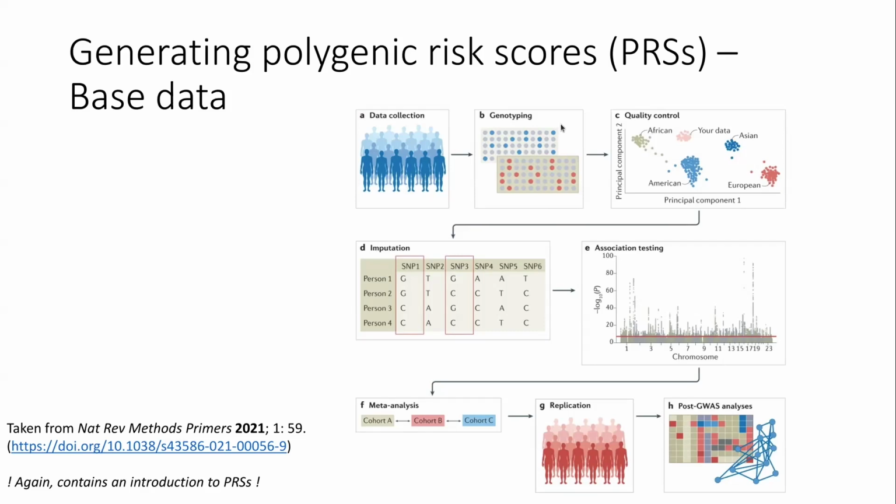So once you have your genotyping done in your entire sample, you need to quality control them, and then you can impute the data. You can actually predict variations of unmeasured SNPs by using information on the correlations within our genomes.